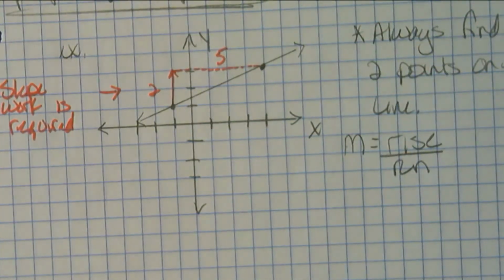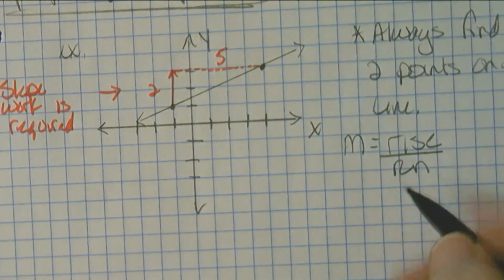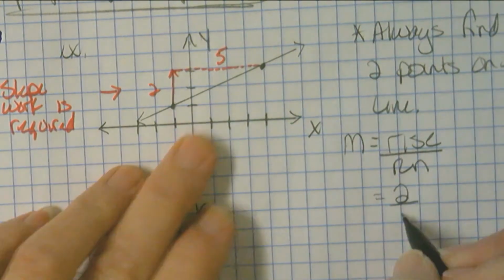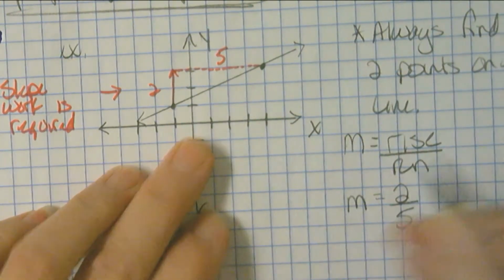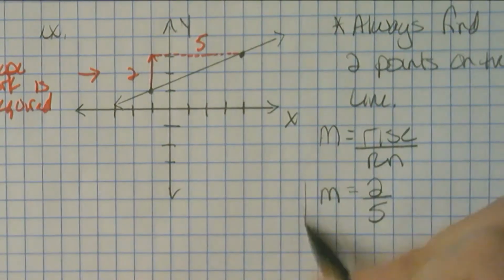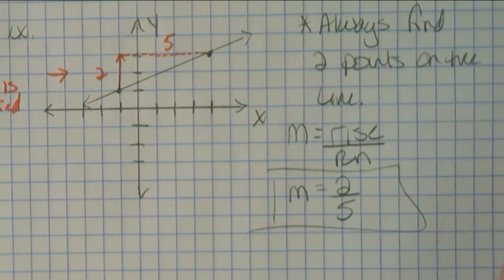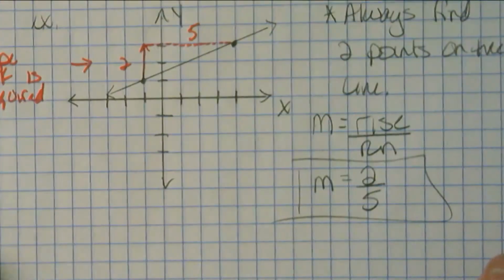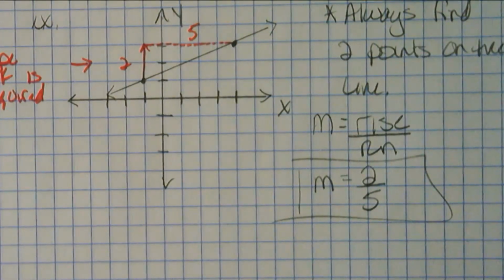All right, that's your slope work. So if I go back over here, I have a rise of positive 2. I have a run of 5. There is my slope. All right, and when we don't have specific data, we are leaving it as a fraction, as an improper fraction or a regular fraction.